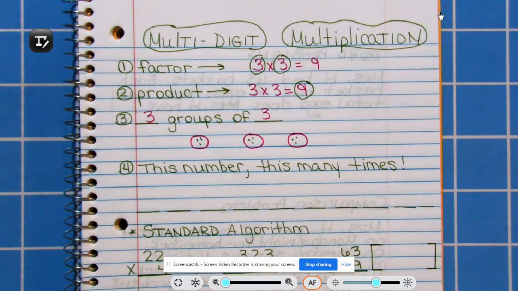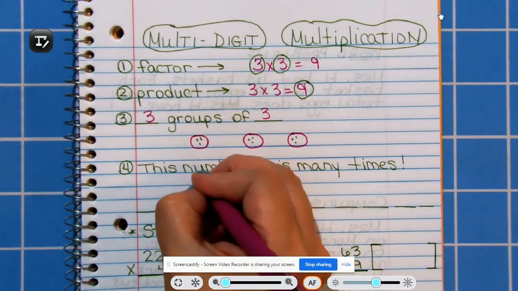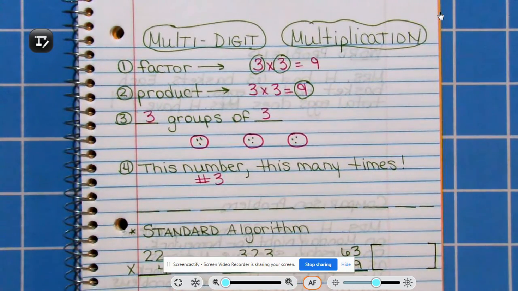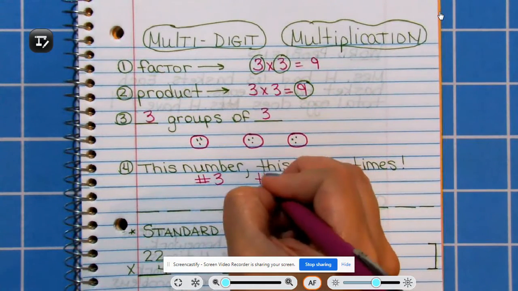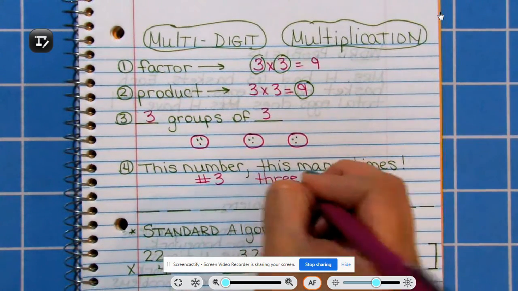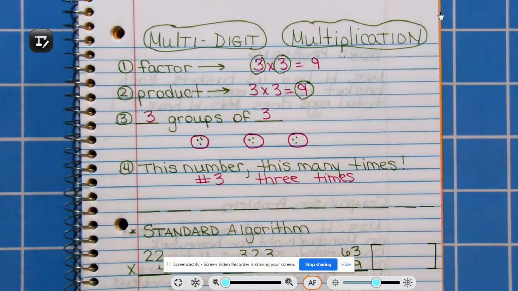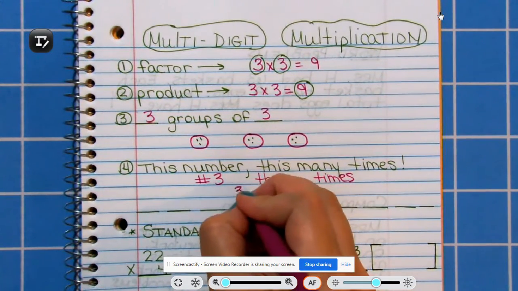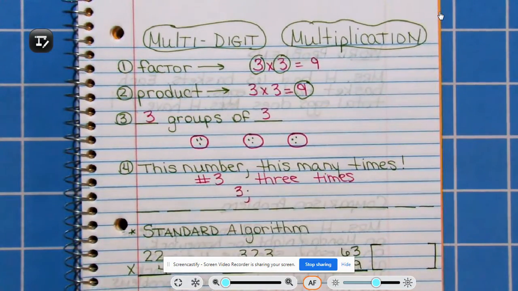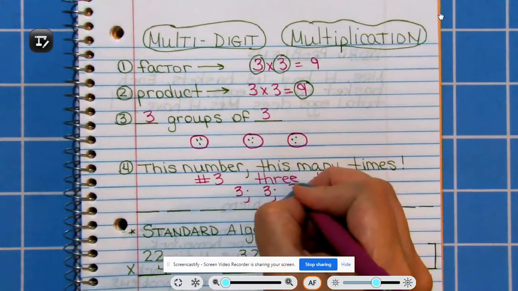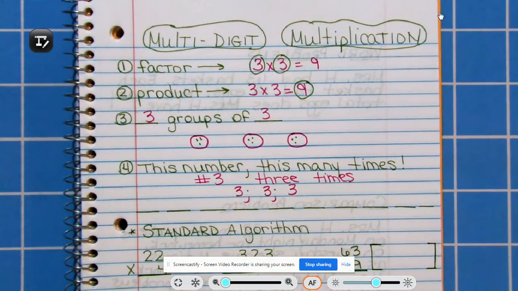You can also think of it as I have this number this many times. So in this case, we have the number 3 three times. So we have a 3, and we have a 3, and we have a 3, which gives us the product of 9.